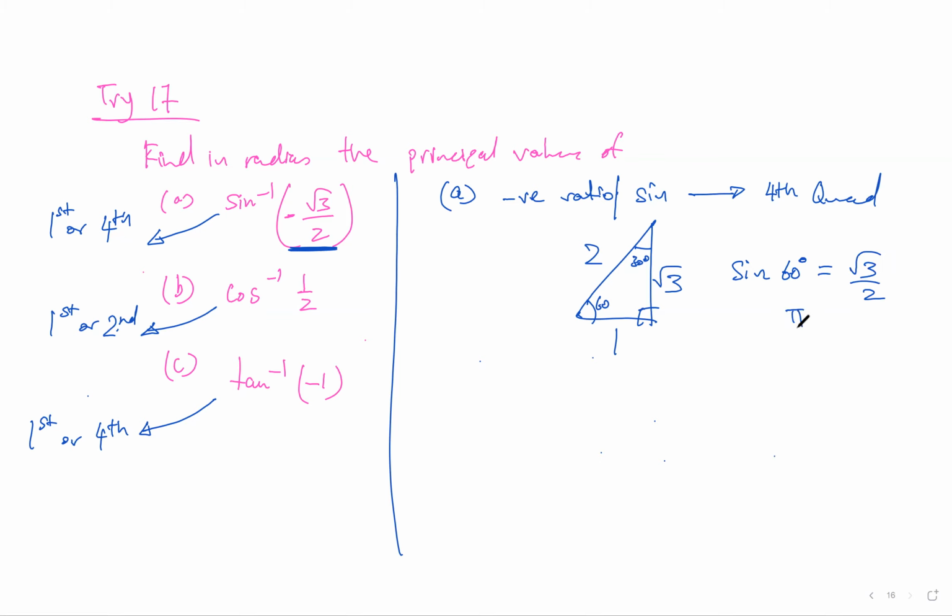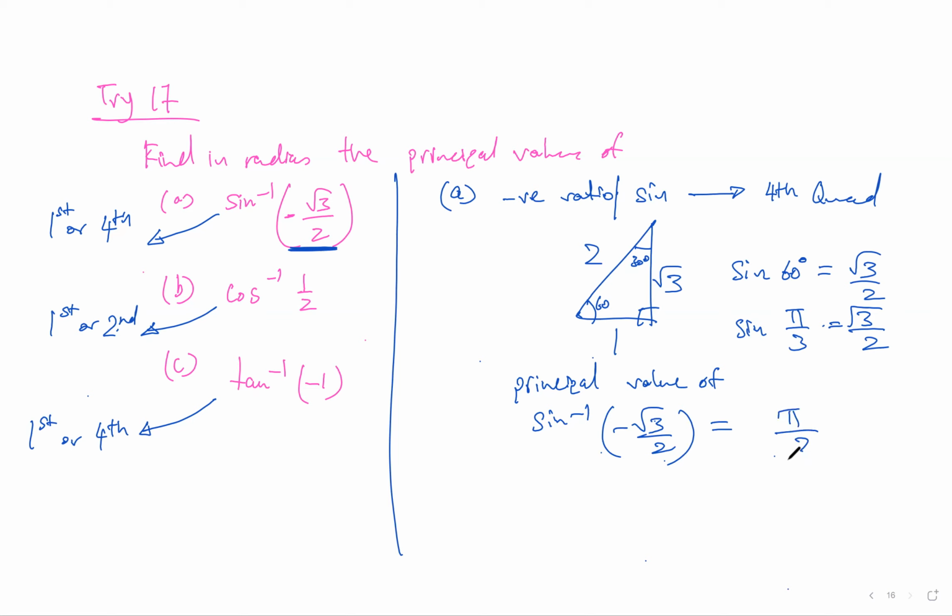Sine 60 is sine pi over 3, correct or not? So with these values, you can determine that the principal value of sine inverse of minus square root 3 over 2 is pi over 3.